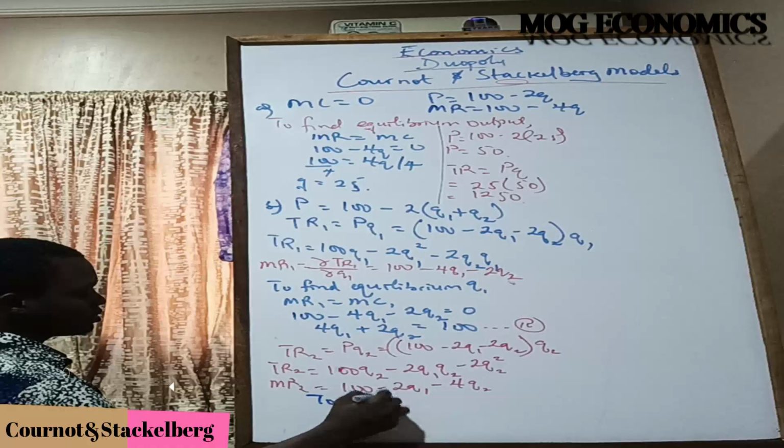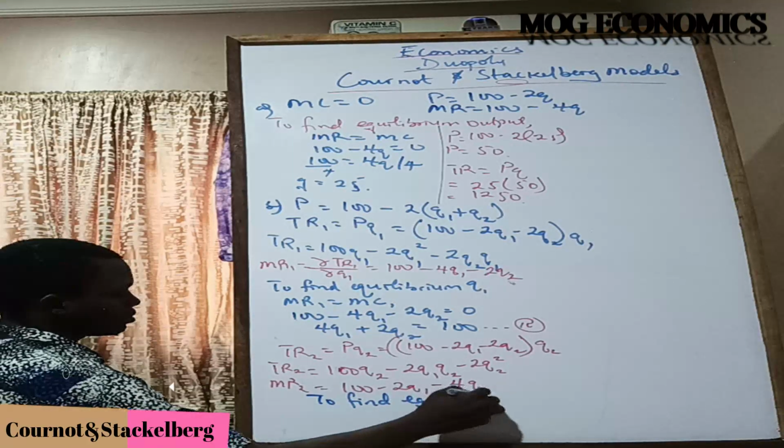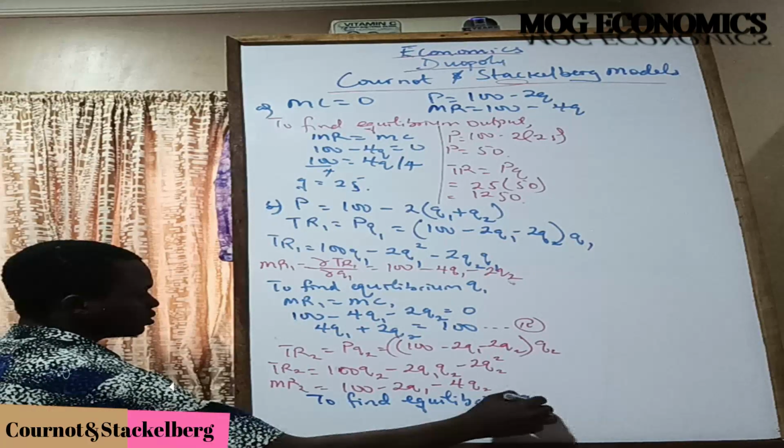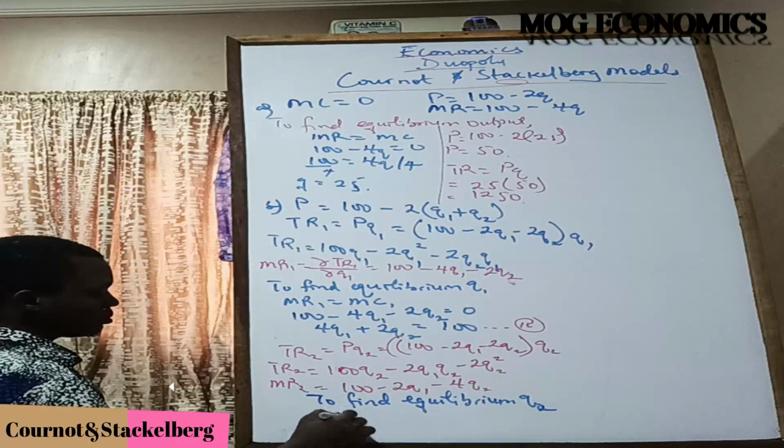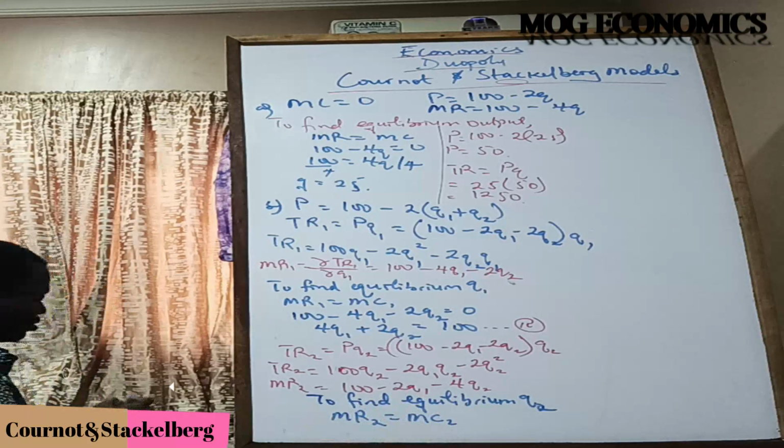So to find equilibrium Q2, what we just do is set MR2 equal to MC2.